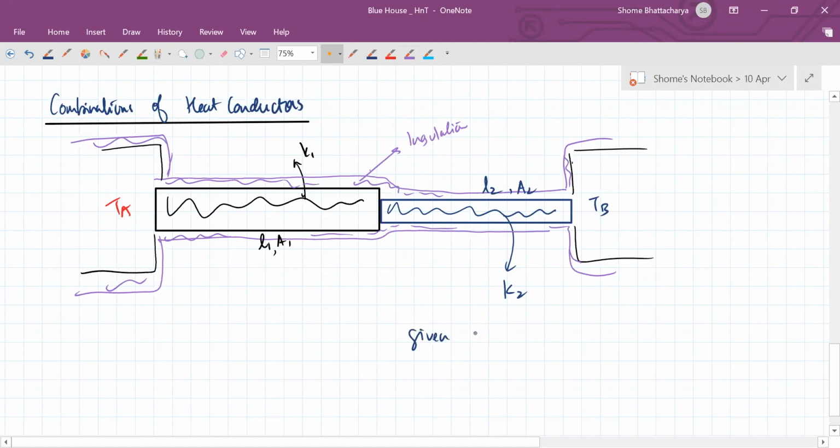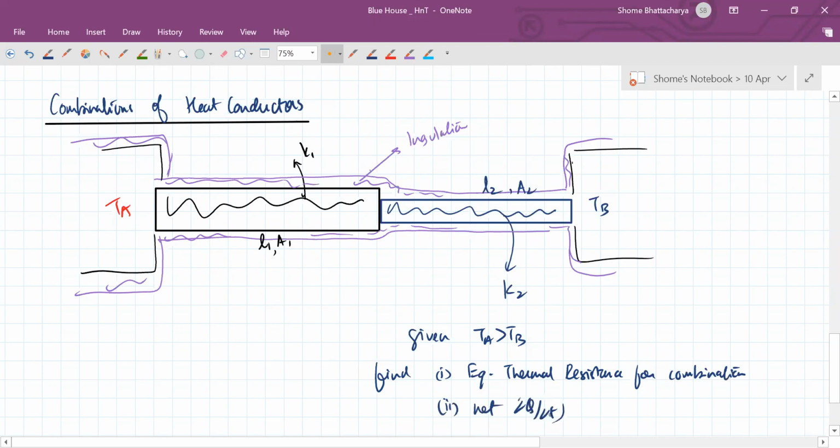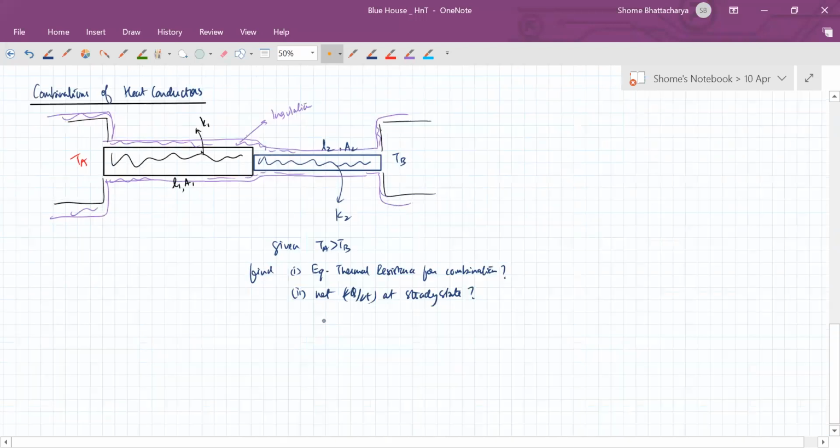Given TA is greater than TB, find first, the equivalent thermal resistance for the combination. Second, the net rate of flow of heat at steady state. And third, the temperature of the junction at steady state.